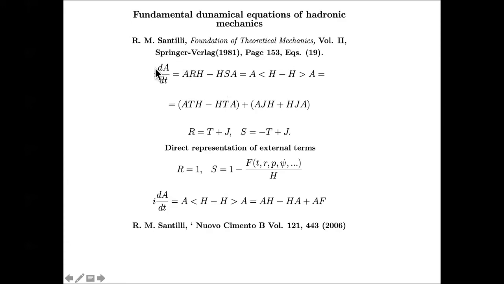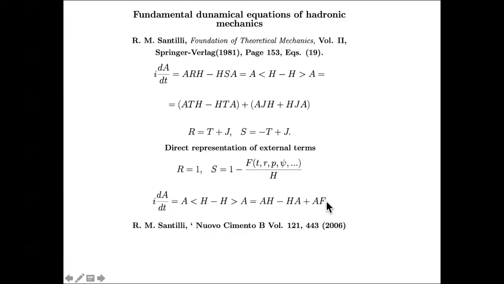It is then very easy to see that this general Lie admissible time evolution, known as the Heisenberg-Santilli geno-equation, indeed acquires this explicit form, in which, most importantly, the last term is essentially the same as occurs in the classical true equation by Lagrange and Hamilton, namely the product of the observable multiplied by the external terms. In this way, I achieved universality in the representation of all possible external terms existing in Lagrange and Hamilton's equations.